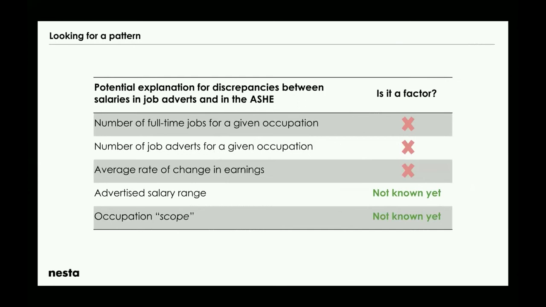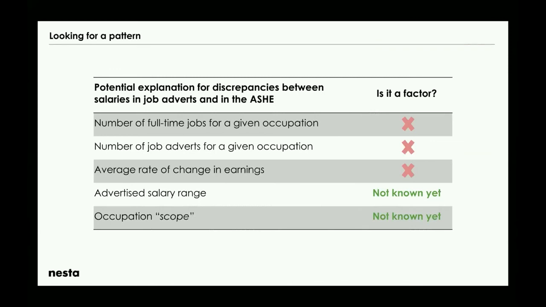However, this was not necessarily the case. Specifically, the discrepancies weren't smaller if we increased the number of full-time jobs or the number of job adverts per given occupation. Similarly, it didn't appear to depend on which occupations had a higher average rate of change in earnings over time, so more or less stable time series.